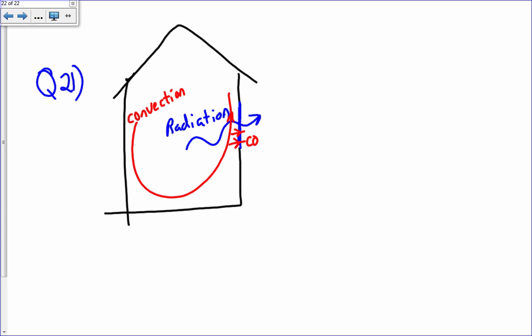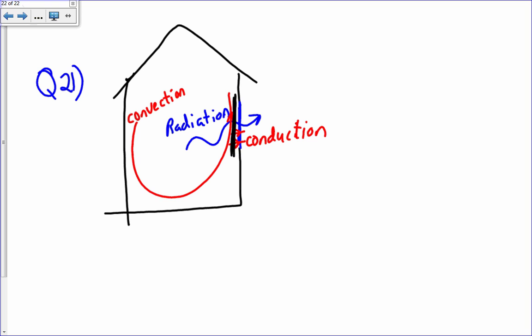Heat will leave the room by conduction through the window. Right? When I put a curtain on that window, it eliminates the radiation. It basically eliminates the conduction, which paired with the convection limits the amount of heat that you lose in your room.